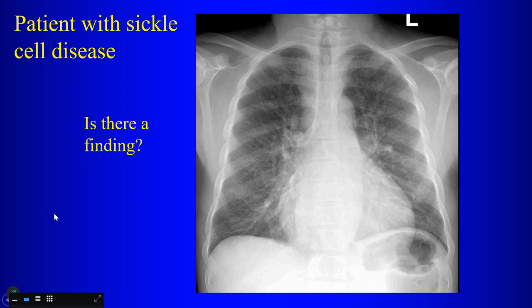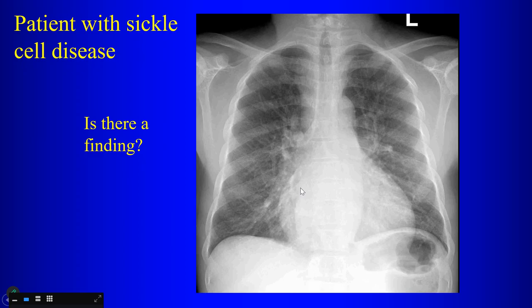This is another patient with sickle cell disease. Do we have anything to say about the chest radiograph? Where? Yeah, so the heart's borderline enlarged, but this shadow here represents what?